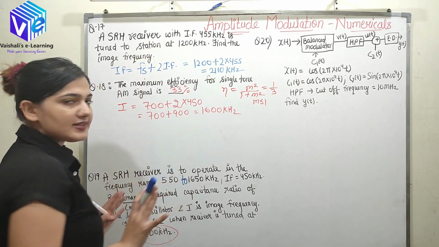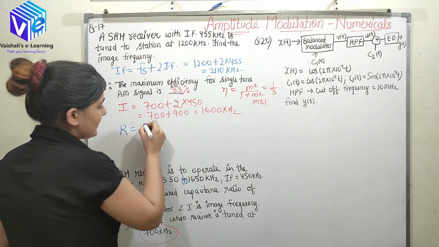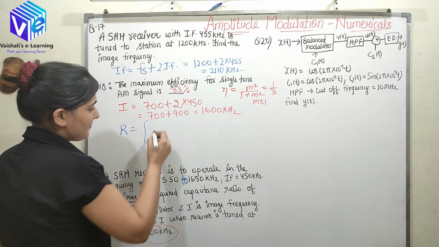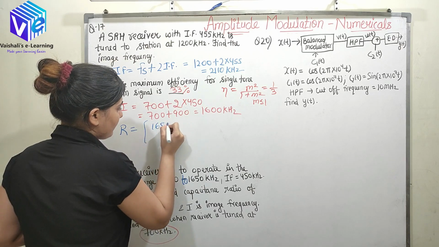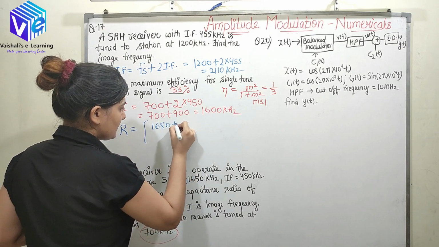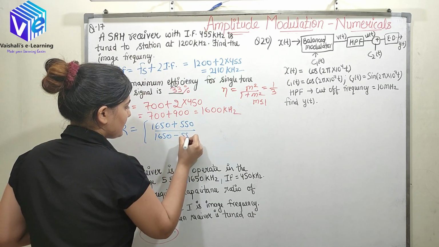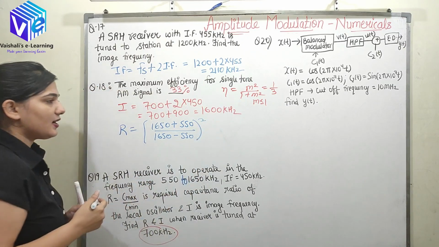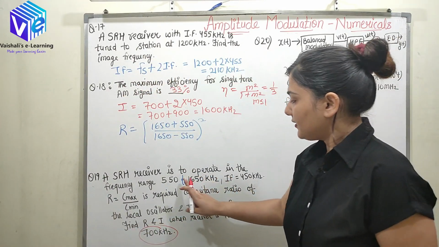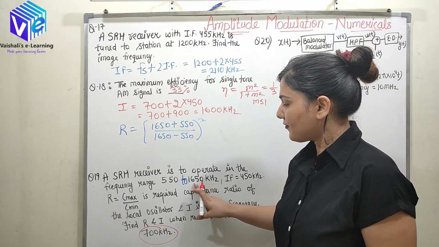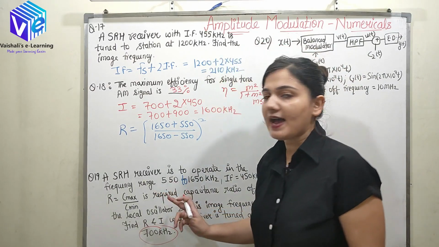So now the first thing is clear. Now coming to R. R is given by the capacitance ratio. So Cmax upon Cmin is given by (1650 plus 550 upon 1650 minus 550) square. The maximum frequency over which it can operate is 1650 and the minimum frequency is 550.